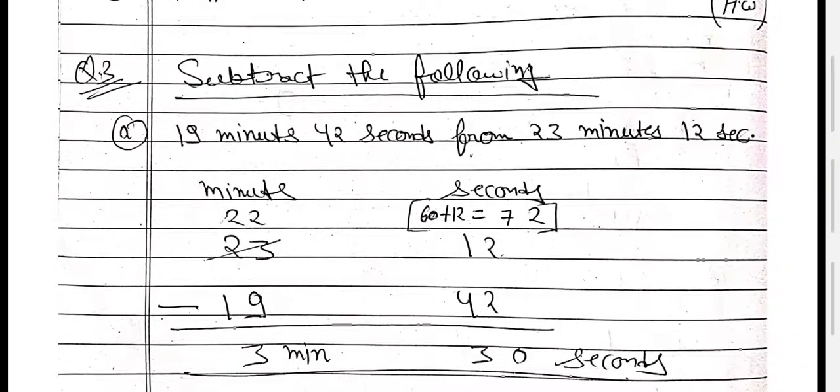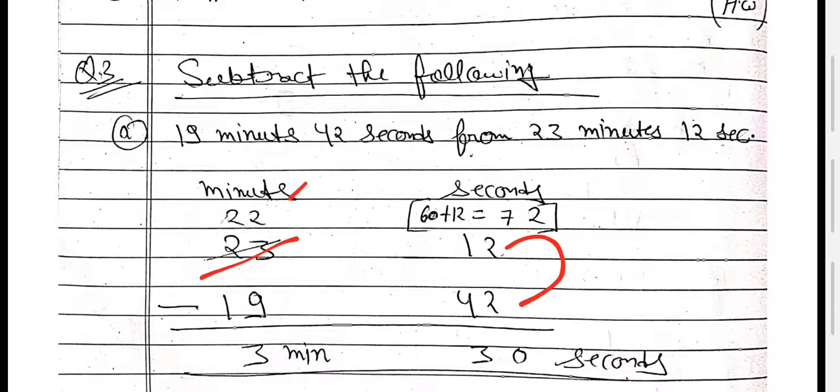Now subtract the following. 19 minute 42 second from 23 minute 12 second. So from part you have to put first. Right here minute, second. Write 23 minute 12 second and 19 minute 42 second. Then 12 minus 42 is not possible, because 12 is small and 42 is greater. Then take 1 carry from this side, so it becomes 22.